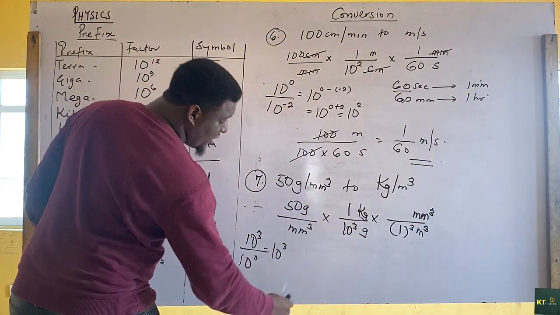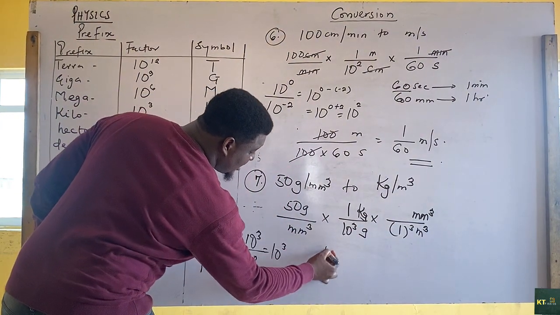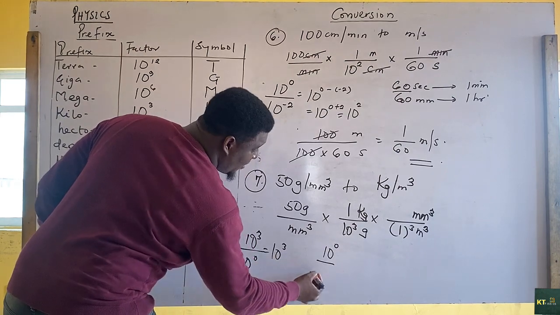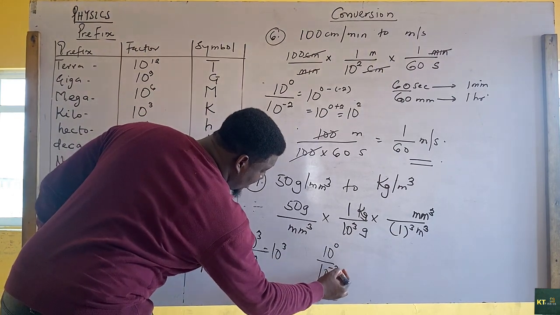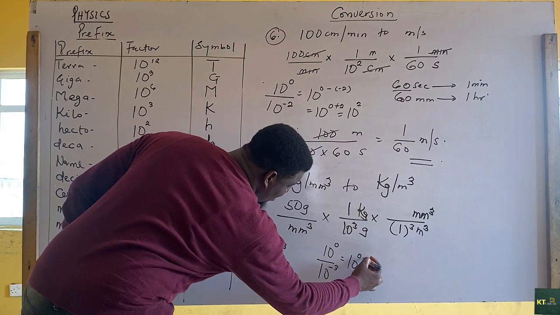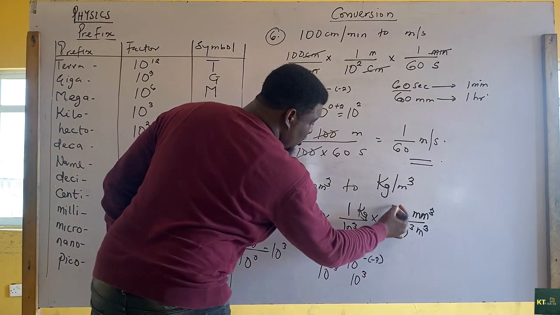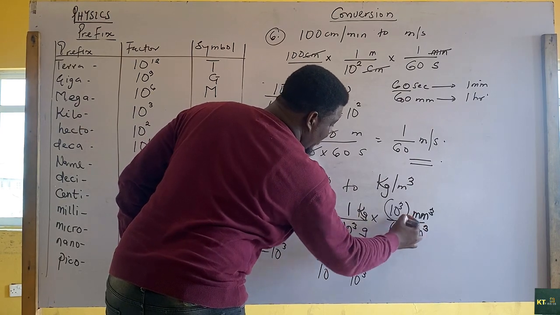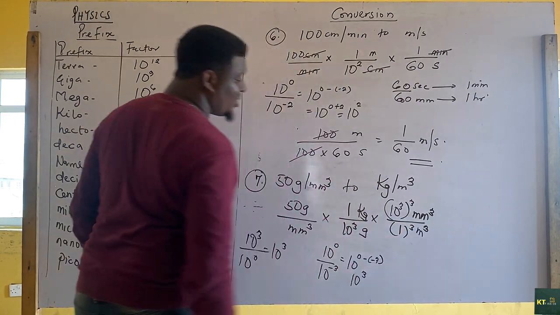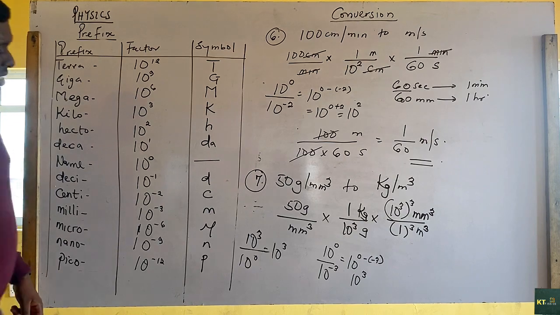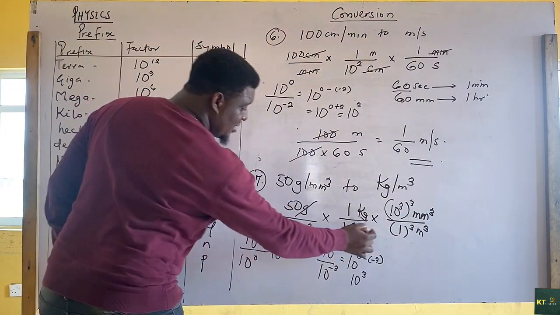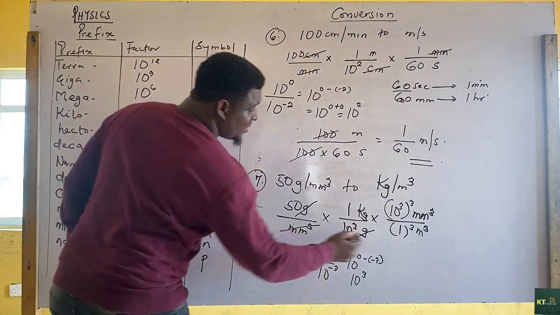So therefore, you have 10 raised to power 0 over 10 raised to power minus 3, which is 10 raised to power 0 minus minus 3, which is 10 raised to power 3. So you put it here, 3, but raised to power 3 because you are talking about volume. So therefore, you can cut this out.